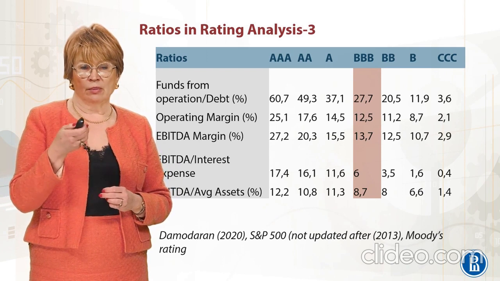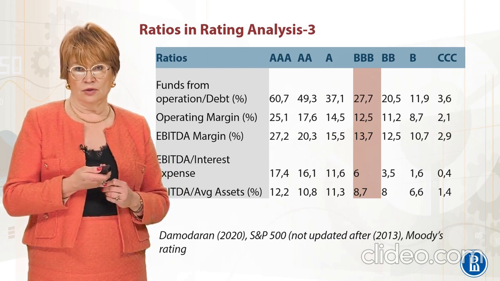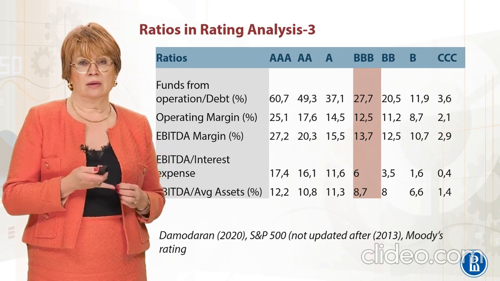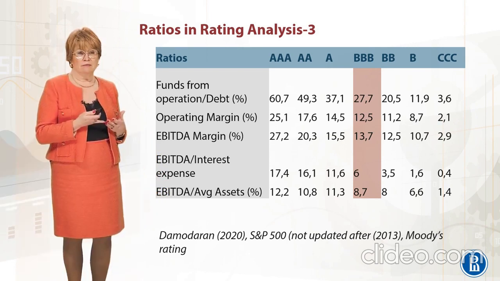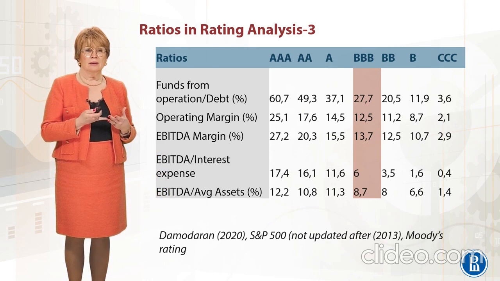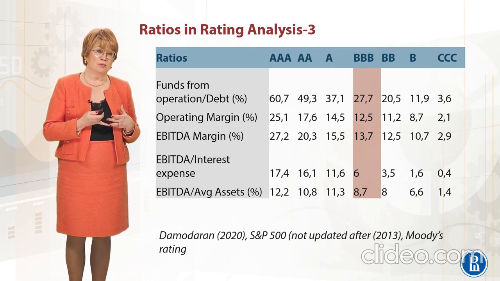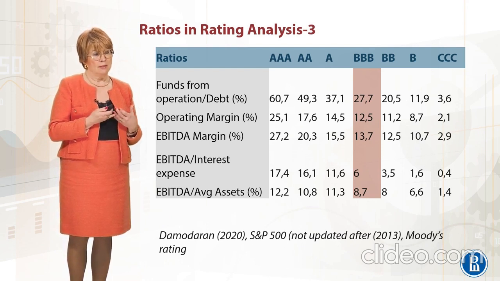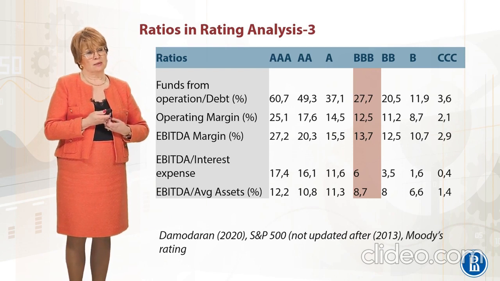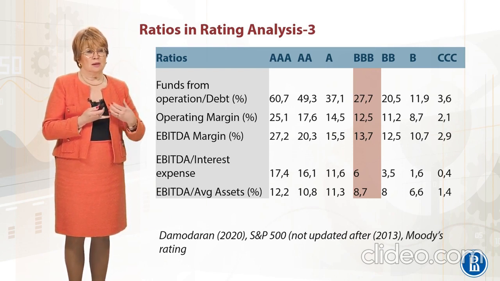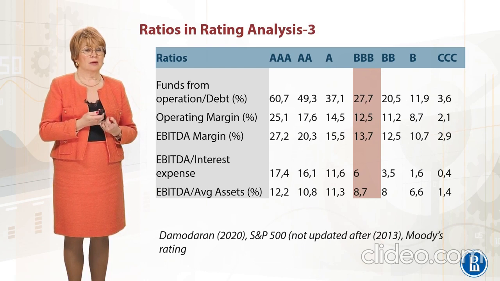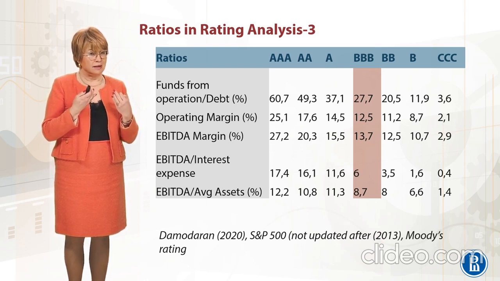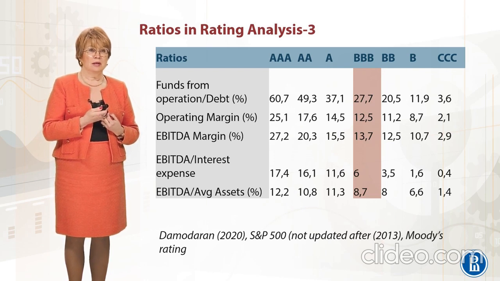Let's say funds from operations. This is again a coverage ratio. The highest levels are assigned, of course, to the highest ratings because these are very sustainable, solid companies, and the history of observation of the financial ratios for these companies shows that the funds from operations, which are earnings before interest, before depreciation, and before amortization, divided by the debt of the company, is 60 times higher than the level of the debt of the company.